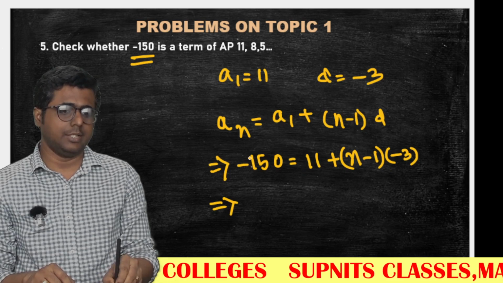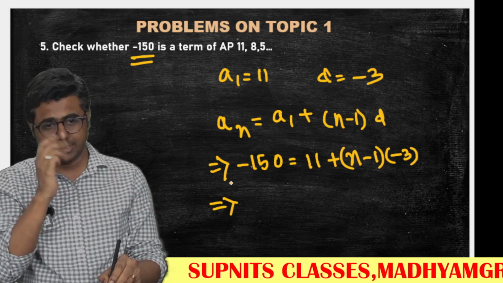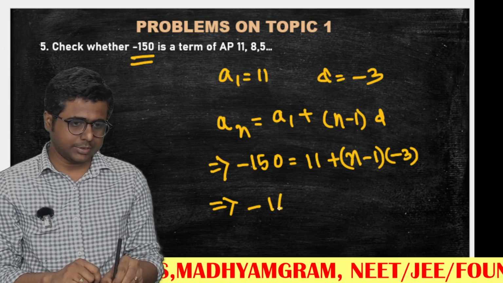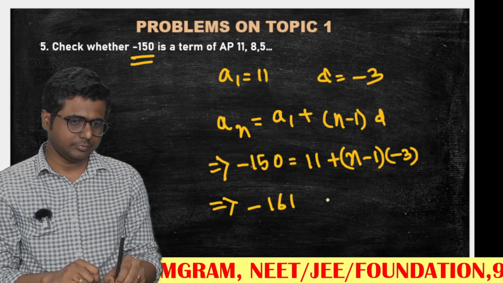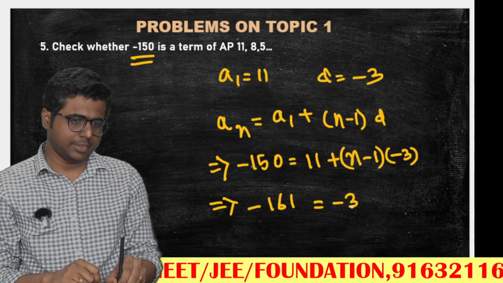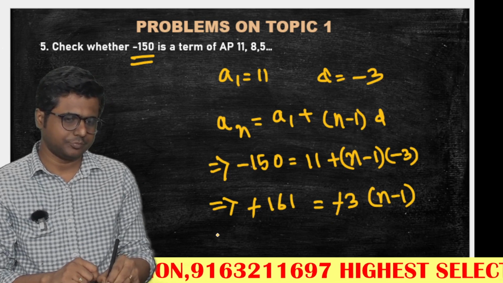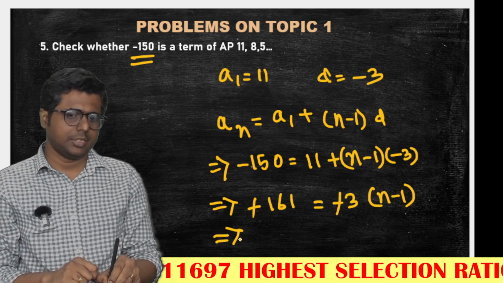So, here this 11 I am going to bring to the other side and it will be minus 161 equals minus 3 times N minus 1. Negative negative you can cancel out, all are in multiplication, and you have to divide.